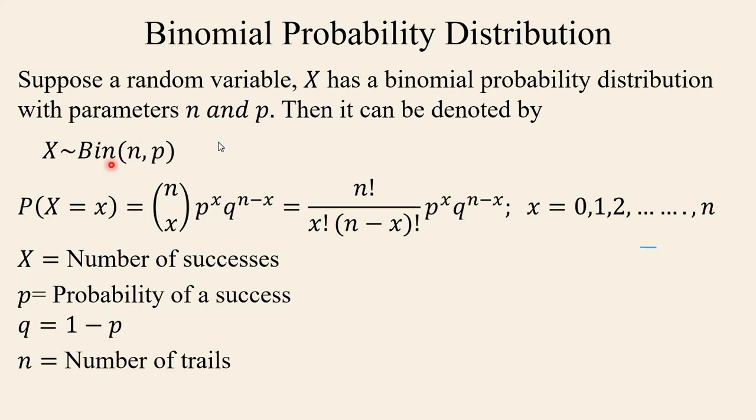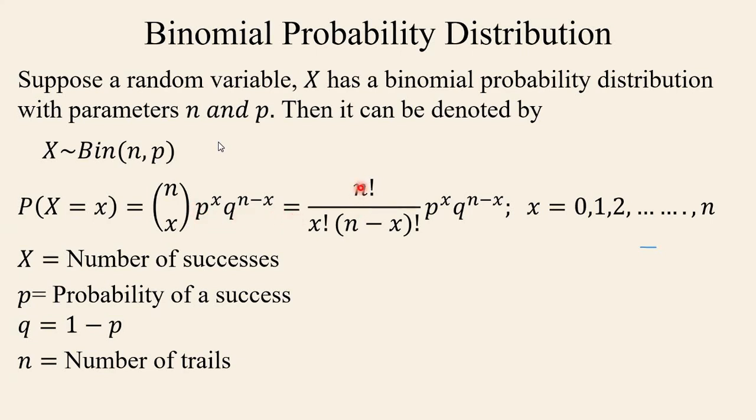Then in the next line, you write the probability of X equal to x, defined by n choose x, p to the power x, times q to the power n minus x.